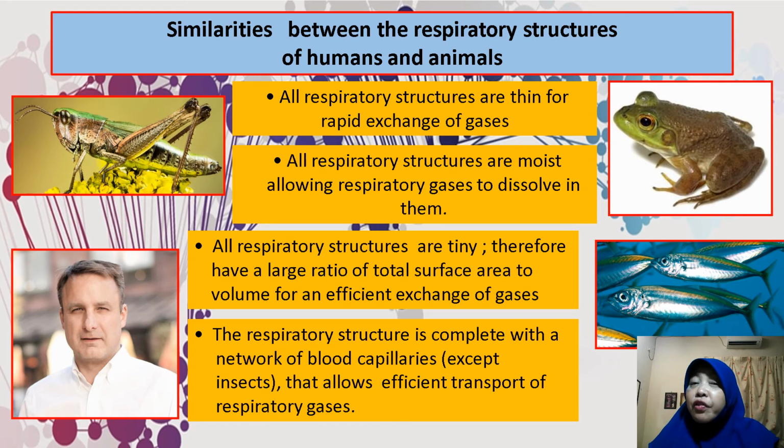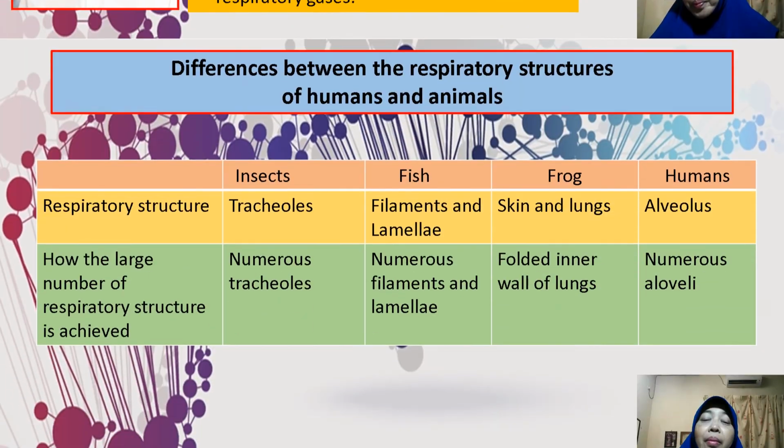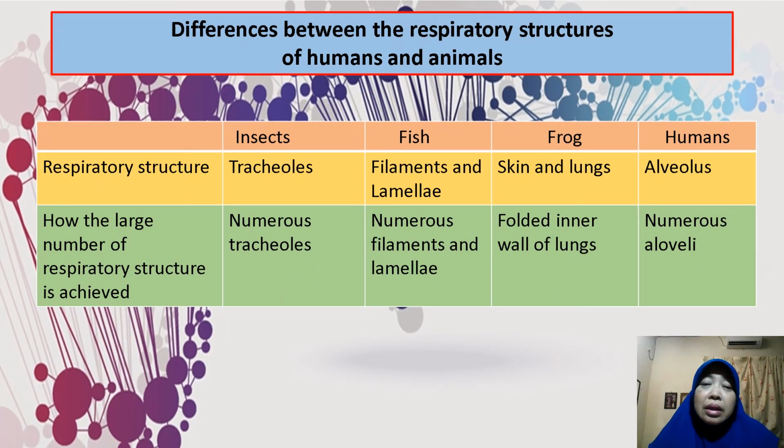How about the differences among these respiratory structures? The insects have tracheoles as their structures, fish have filaments and lamellae, frogs have two respiratory structures which are the skin and lung, and the alveolus or alveoli are the respiratory structure in humans. As I mentioned earlier, these structures are numerous in number.